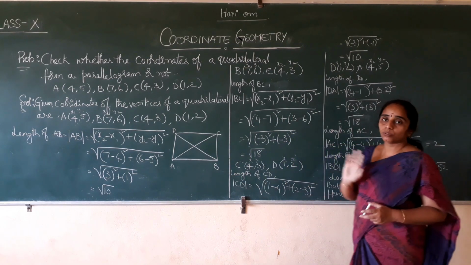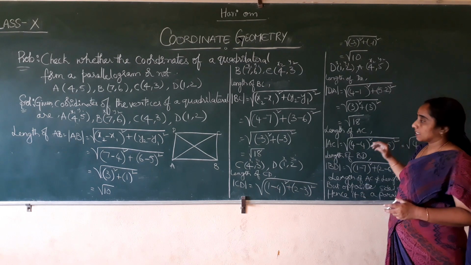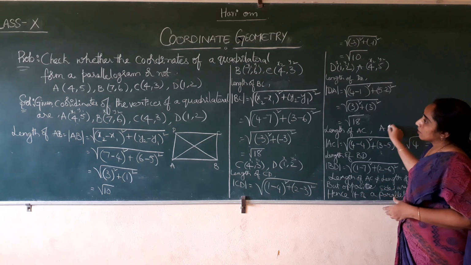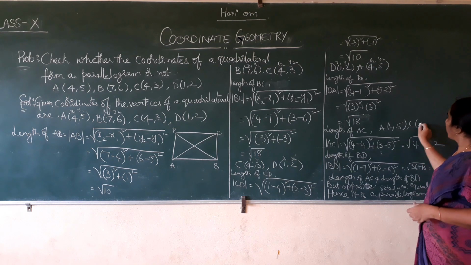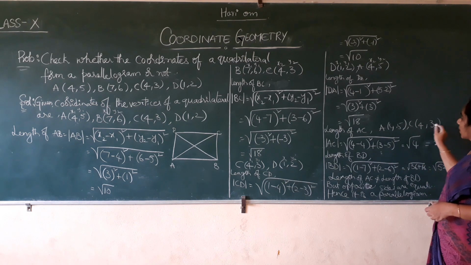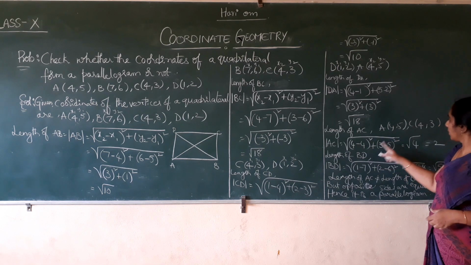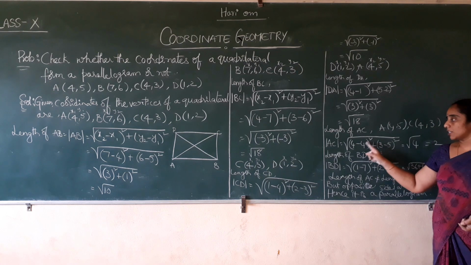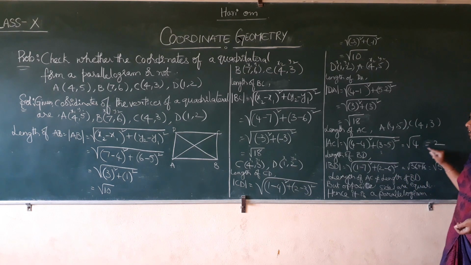Now coming to the length of diagonals. AC: A is (4, 5), C is (4, 3). x2 minus x1, 4 minus 4 whole square, 3 minus 5 whole square, 0 square plus minus 2 whole square, it is 4, it is 2.